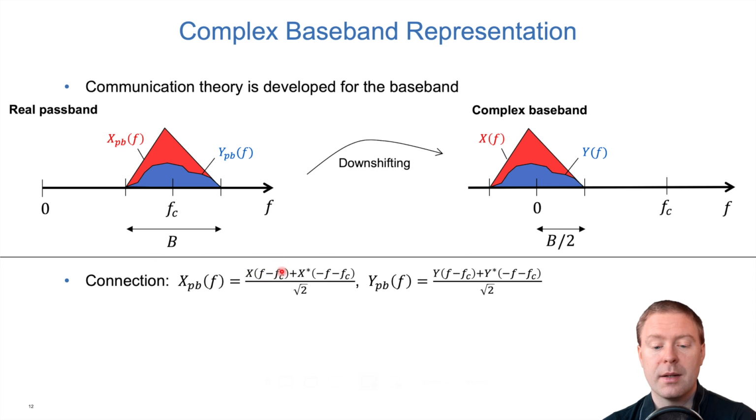We take this part that is showing up on the positive frequencies and shift it down by removing fc from it, and we do the same thing with the received signal. Since there is also a component on negative frequencies, we shift that as well to the origin, and the same for the received signal, and then we divide by square root of 2 to keep the energy constant.